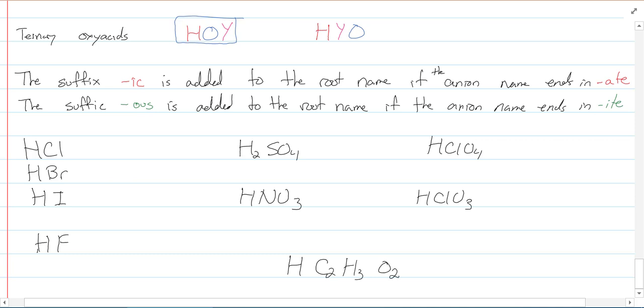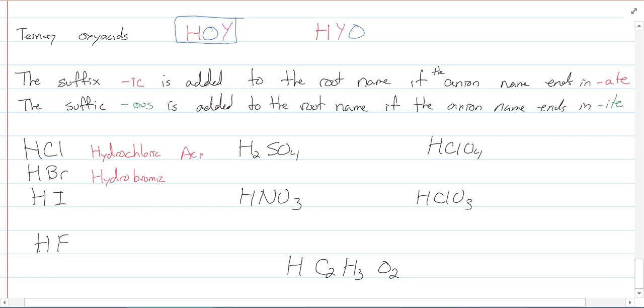So HCl, let's start with that one. That's a very common one. That one has no oxygen, so we will call that hydrochloric acid. How do I know it's hydrochloric acid? Well, it's hydrogen chloride. So we add hydro. So hydrogen's gone, hydro, and then it goes from chloride to chloric. So hydrochloric acid. Same with Br, hydrobromic.